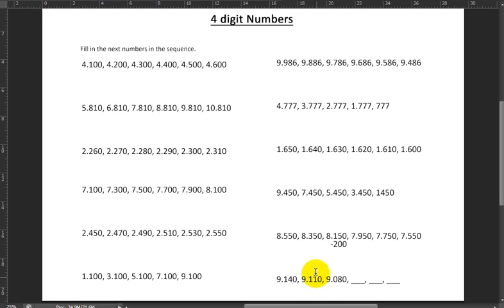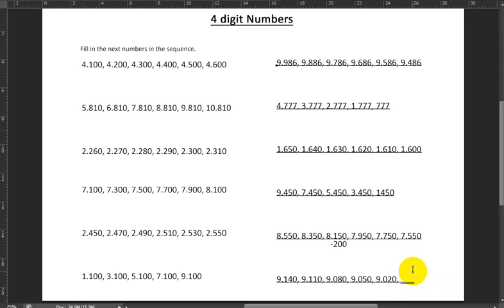So what I do is I borrow 1, and then I return it, and this becomes a 0. So 9,080. If I take away 3 more, then this is going to become 9,050. 3 more, and it becomes what? 9,020. And I want to take away 3 more.